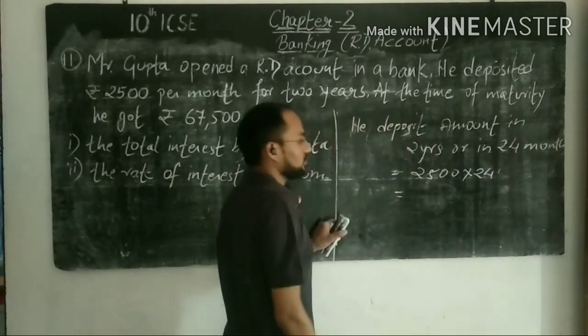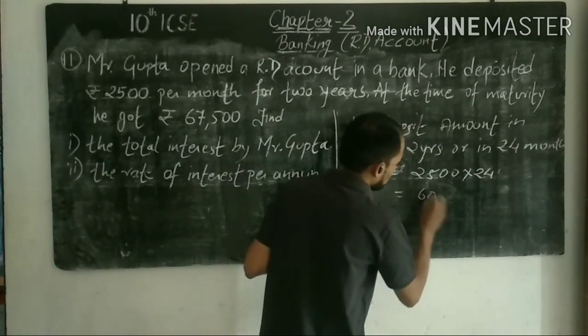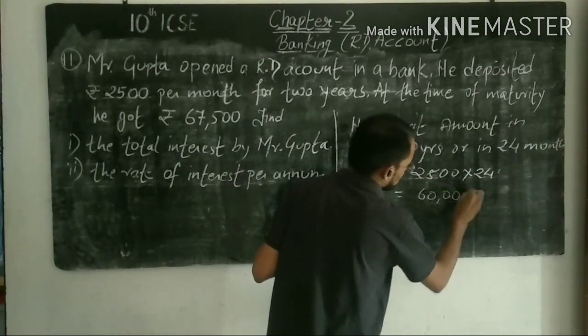On multiplying 2,500 into 24, we get 60,000.